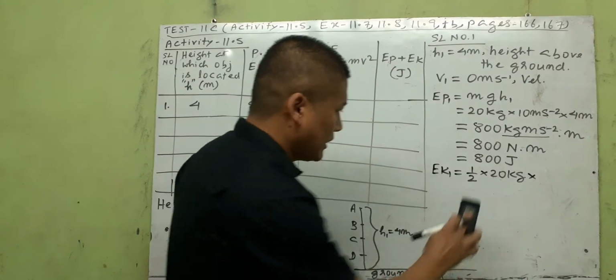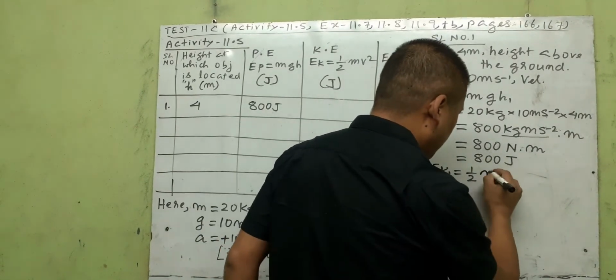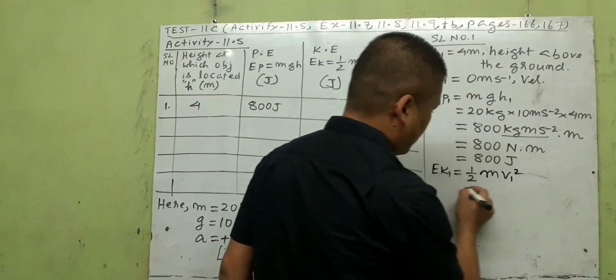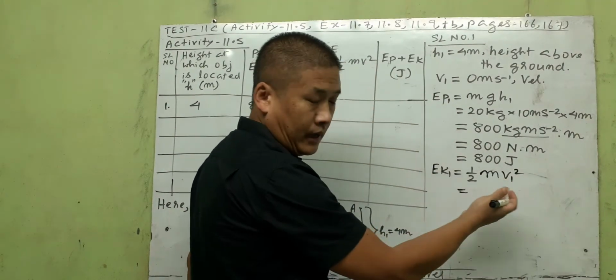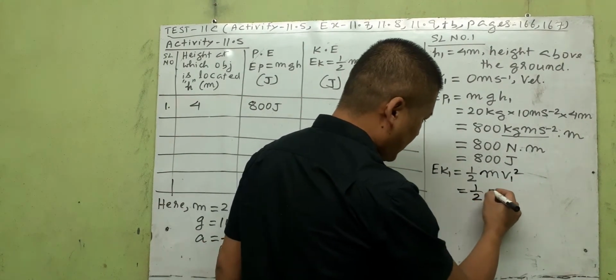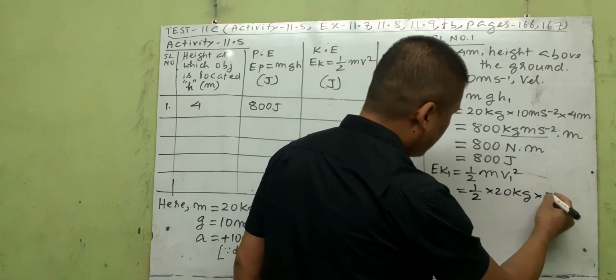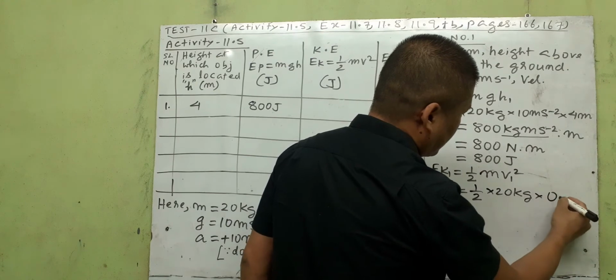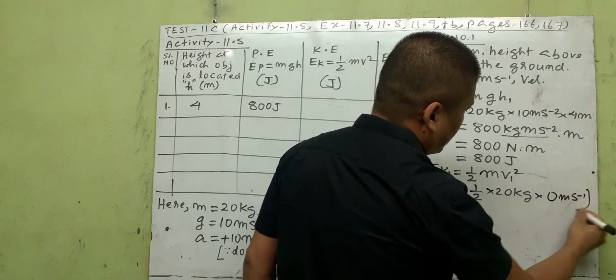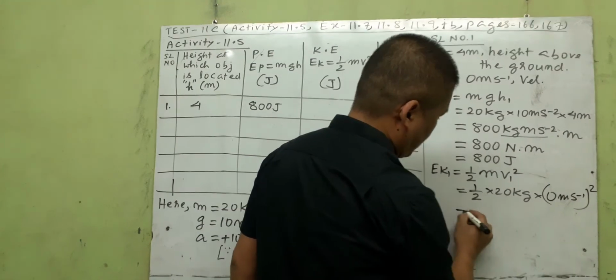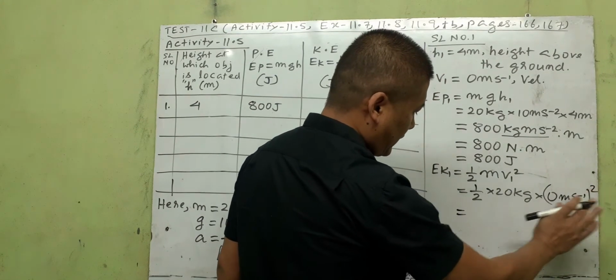Once we write the formula, half m v1 square, when the object is at the height of 4 meters it is not yet moving, so v1 is 0 meter per second, squared. So 0 into 0 is 0, you can neglect that.